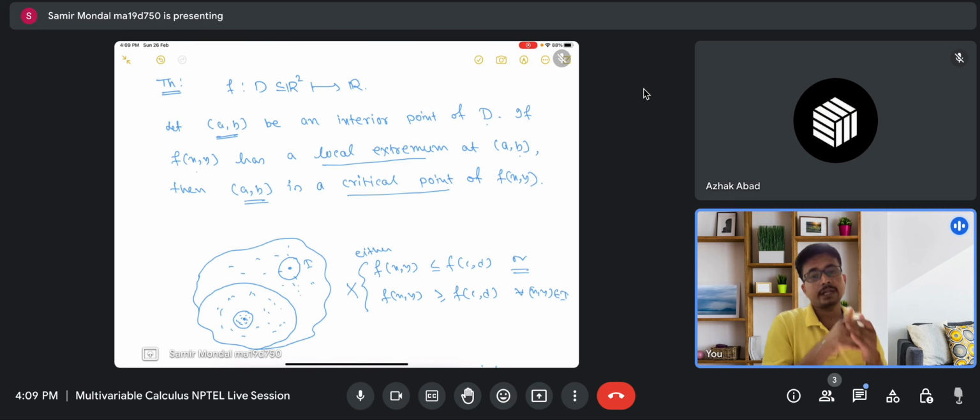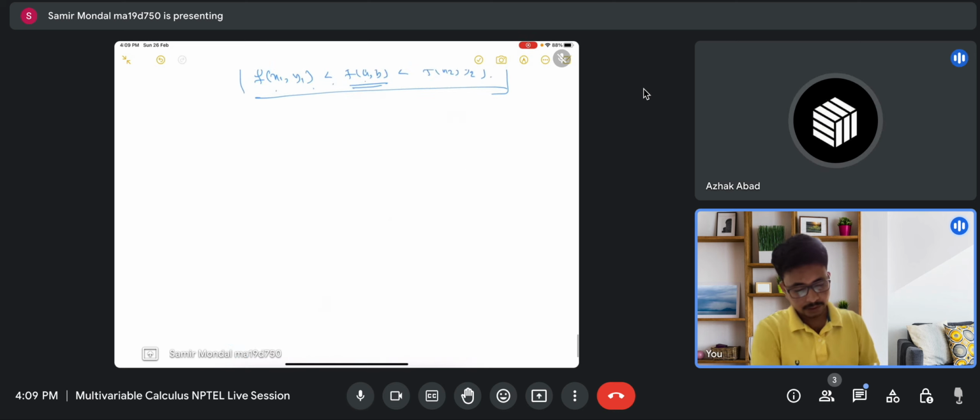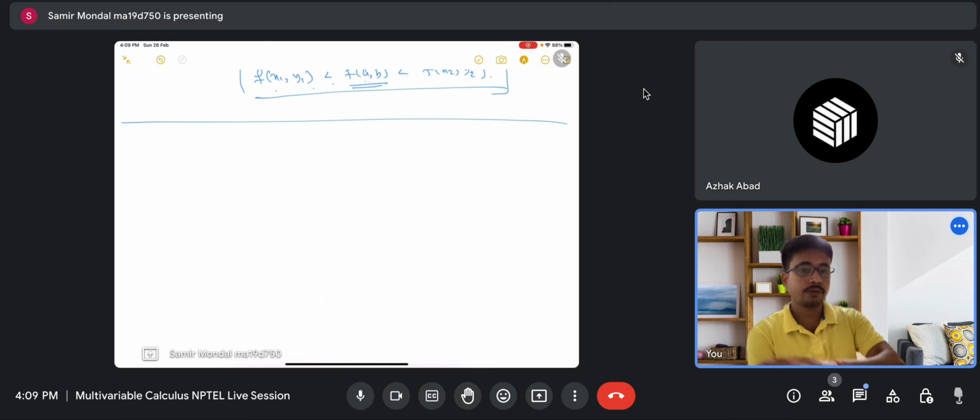At first you have to find the critical points from the full region, then it is reduced to only a few points. Then we have to check whether each is a local maximum, local minimum or something else. So from the full region we get only a few points, and we have to check where the function has a local maximum or local minimum.